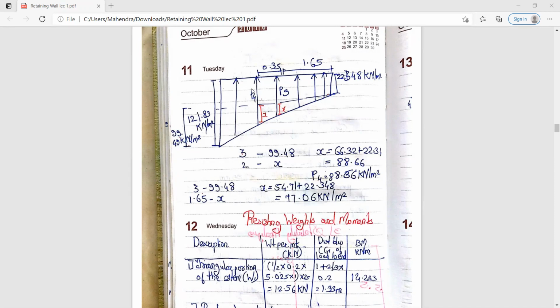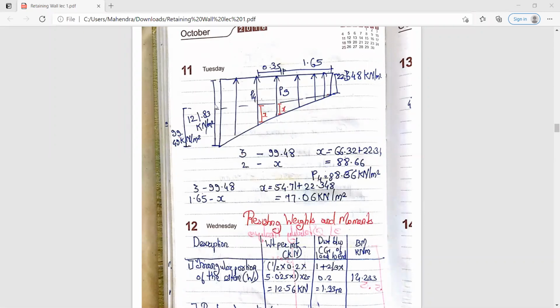Then for calculating the total P4, you need to add 22.348 to this. So for P4 you add 66.32, that is x, plus this pressure, and you will get the total P4. So P4 you get as 88.66. Then for calculating P3, you need to calculate this distance x.